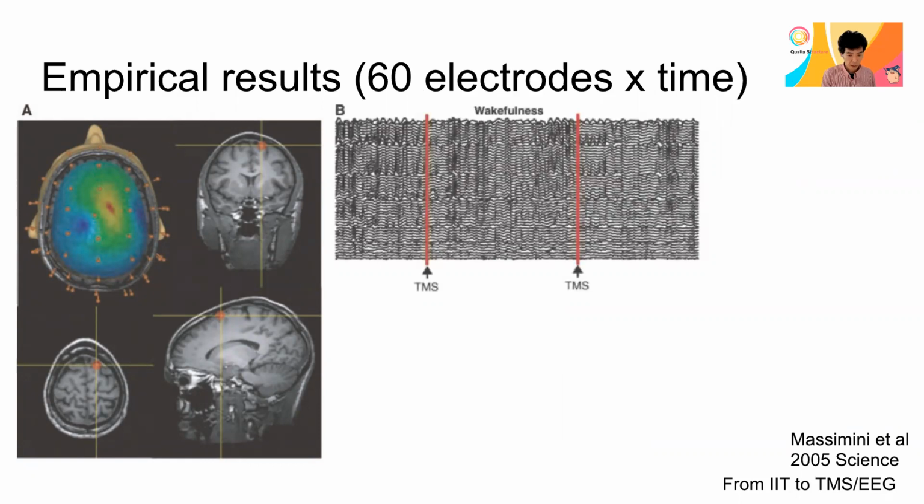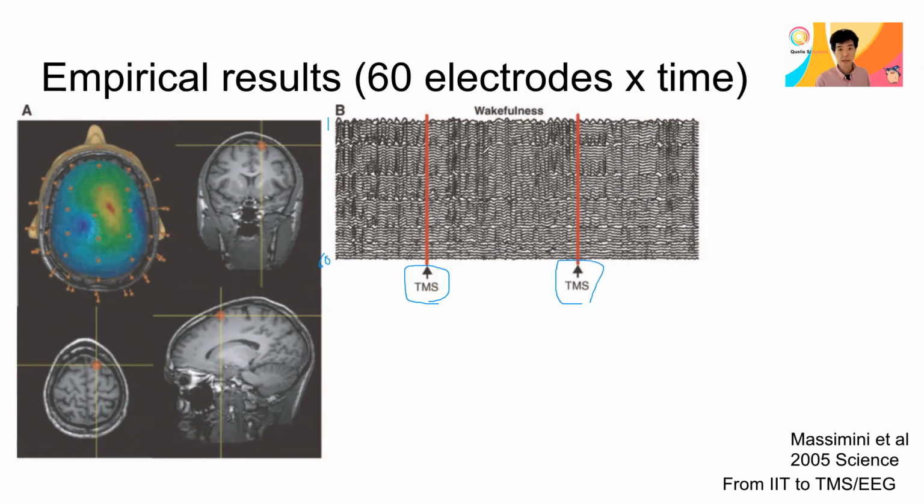What's shown here is each of the electrodes, going from one to many electrodes to the bottom, so this is roughly 68 electrodes. Each black line is basically the voltage fluctuation of each electrode. And the TMS pulse is provided at this point or this point.